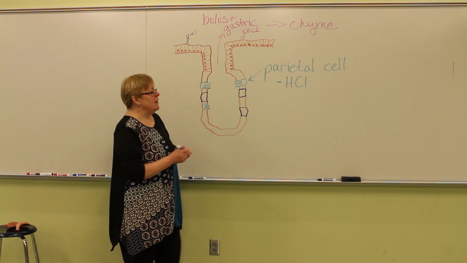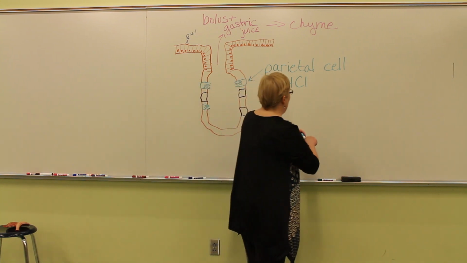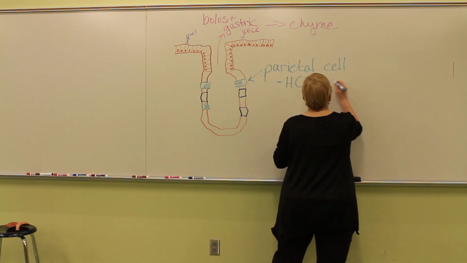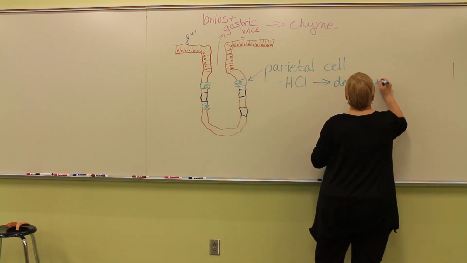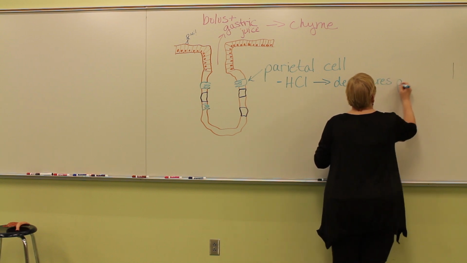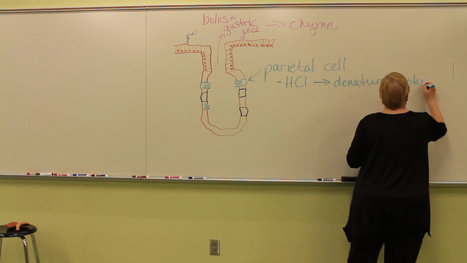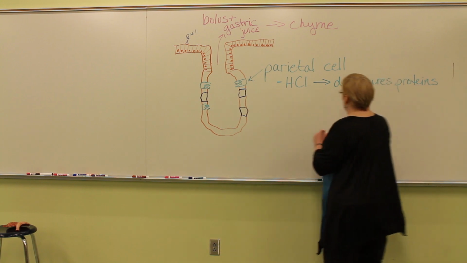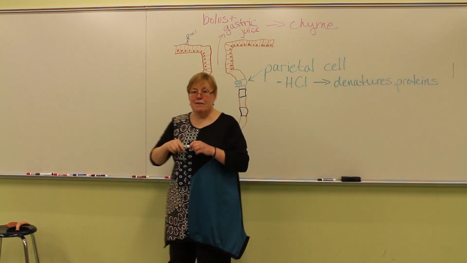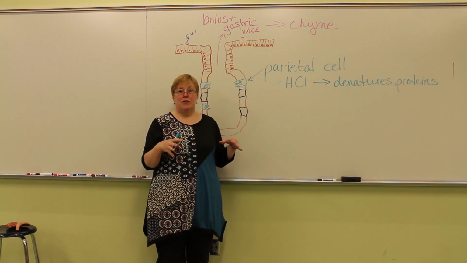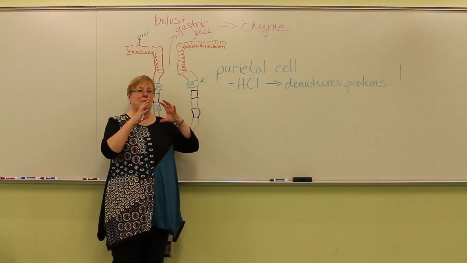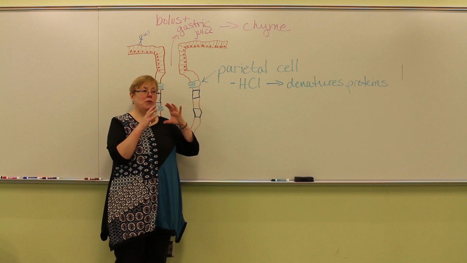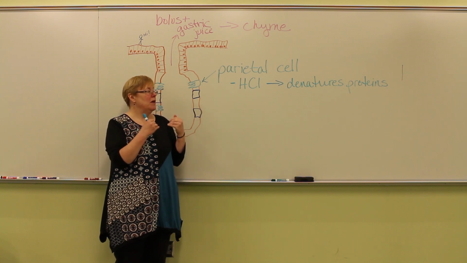The reason that the hydrochloric acid is important is because it denatures proteins. Proteins have complex three-dimensional shapes, and they're in kind of a globular form most of the time when we consume them.